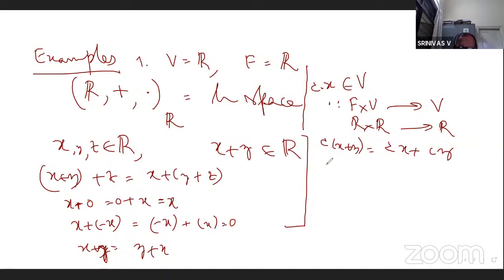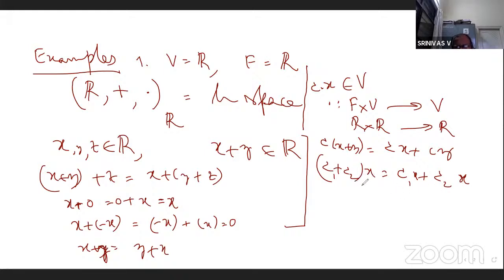Also you have c1 plus c2 into x is equal to c1x plus c2x. For any three real numbers c1, c2, x, you can show that c1 plus c2 into x is c1 into x plus c2 into x. This is a kind of expansion of multiplication over addition.